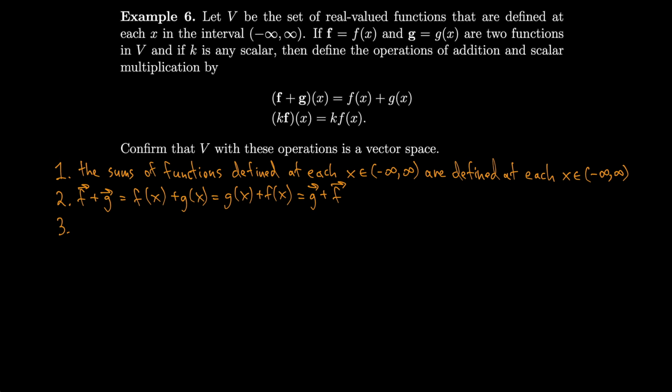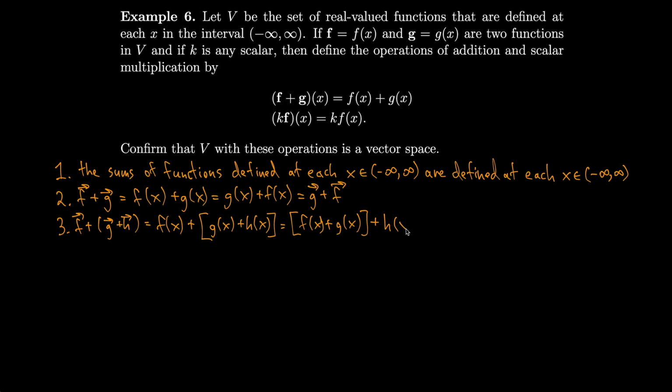For number 3, if I have f plus g plus h, that's the same as saying f of x plus g of x plus h of x. So that's equal to f of x plus g of x added to h of x, because addition of functions is associative. So that's just f plus g plus h.